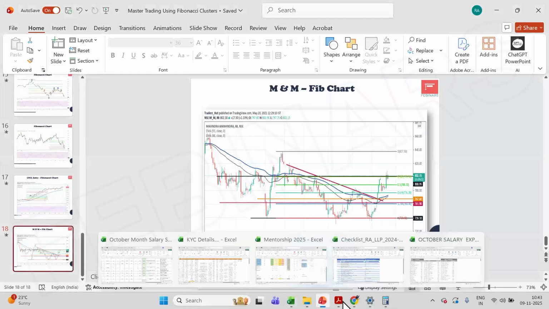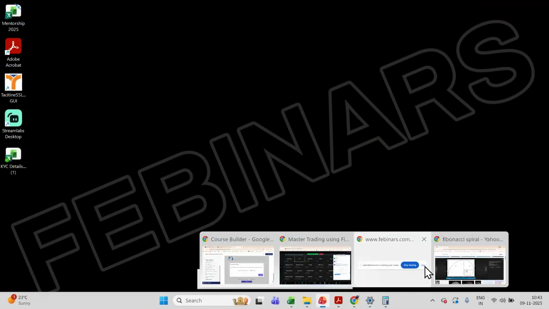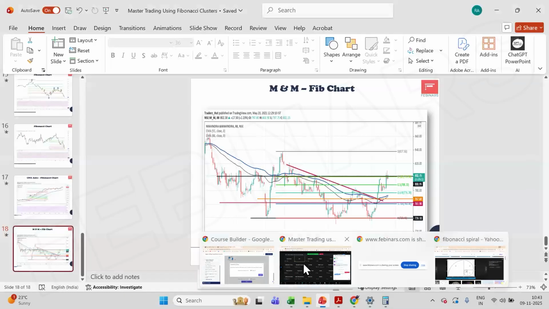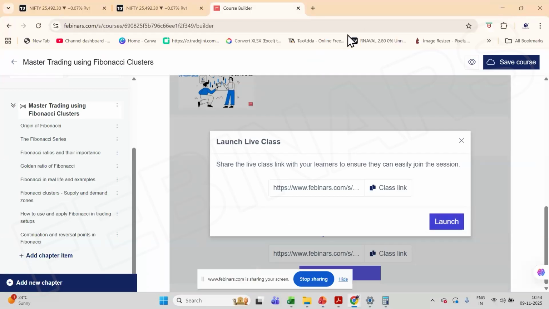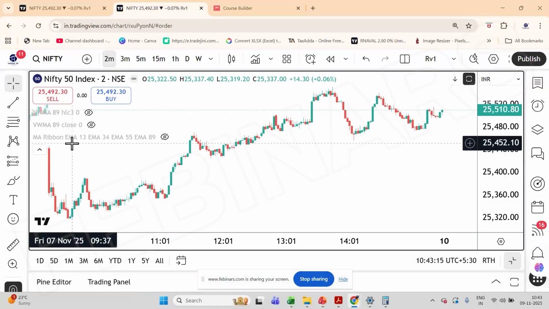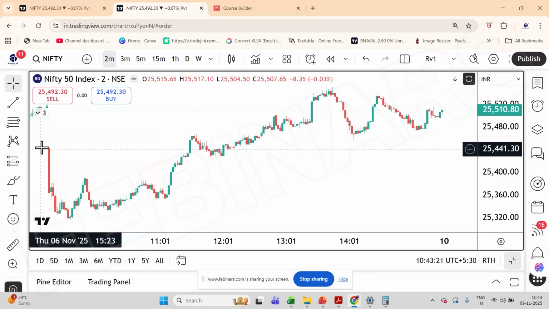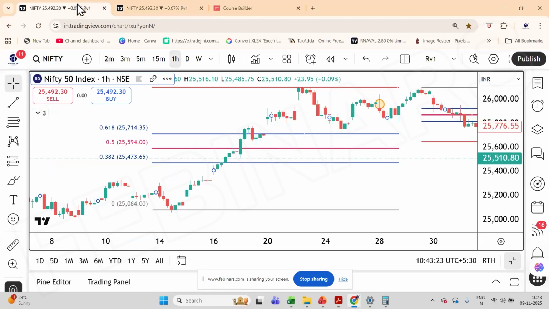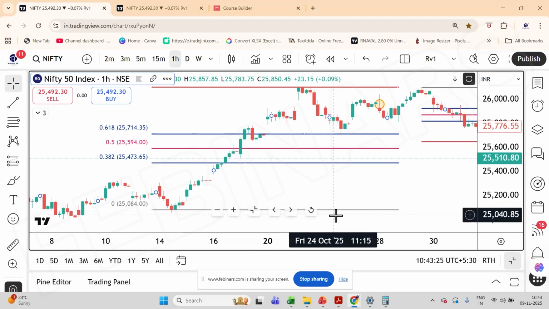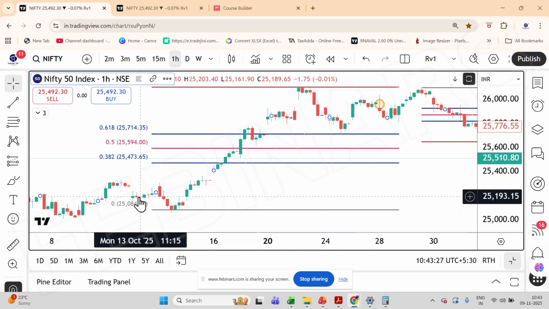The practical aspects of trading Fibonacci is what I want to share with you guys, rather than getting into the theoretical aspects. I don't want you to get into the theories. Hope the Nifty charts are visible to all of you.